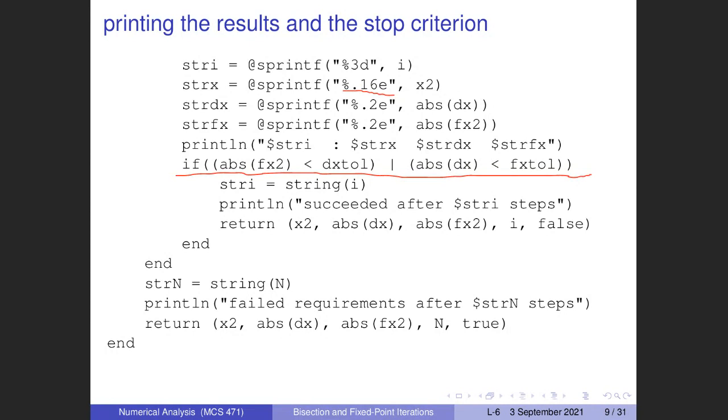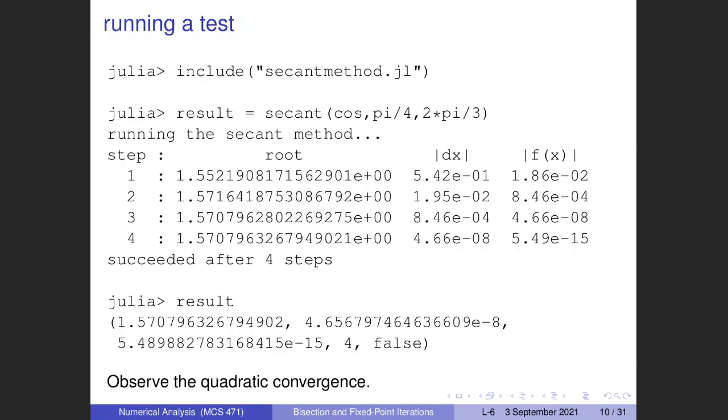If we are computing 0, the fraction has no meaning, but the exponent does, and we look at the exponent when we consider what we use in the stop criterion for the accuracy. All right.